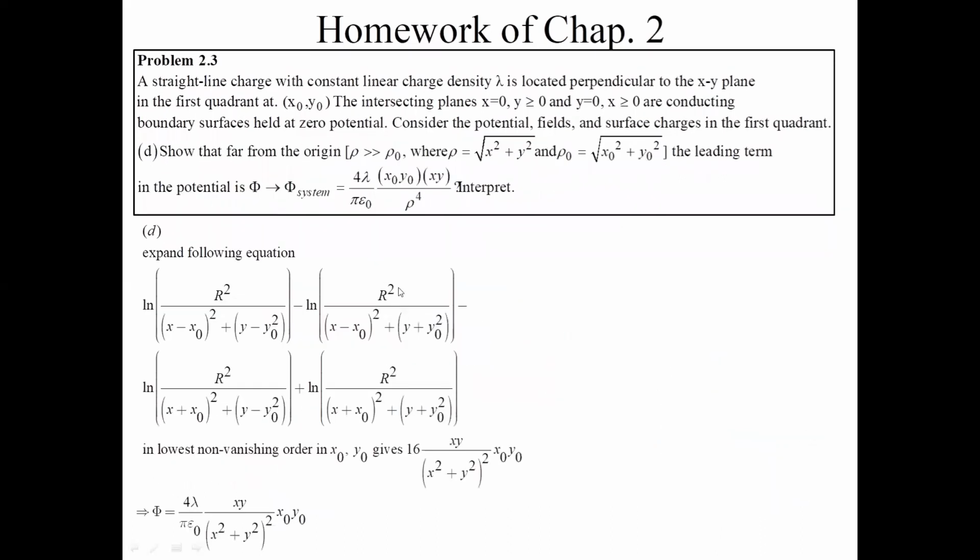So we calculate this question by using the potential we calculated above and a Taylor expansion. Then we leave only the lowest non-vanishing order to estimate, and we get the final potential as this term, which is the same as the quadrupole potential. If you can get that, okay.